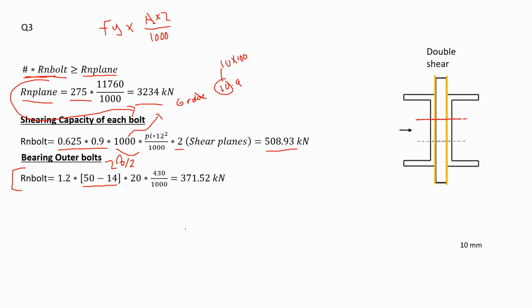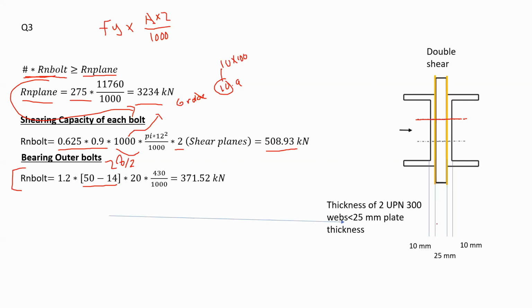What thickness? In the problem, the thickness of the gusset plate in between them is 25 millimeters, as shown here. However, the UPN has a web thickness of 10 millimeters each.